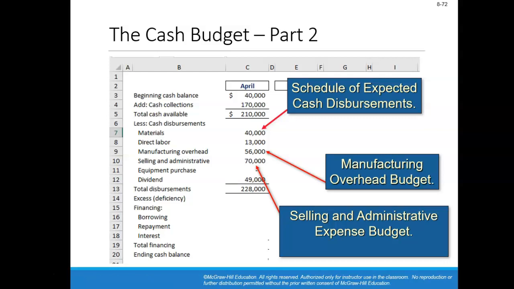So these amounts are coming from the various budgets we prepared already. So our total disbursement for the month of April equaled $228,000. Now, if we only have 210 available, we expect to disburse 228.